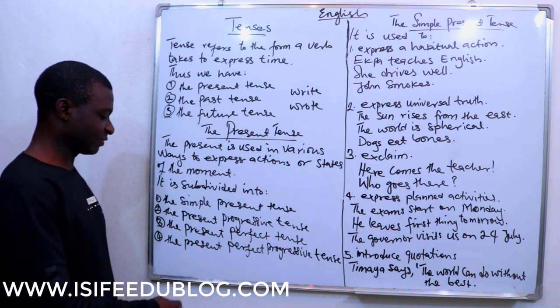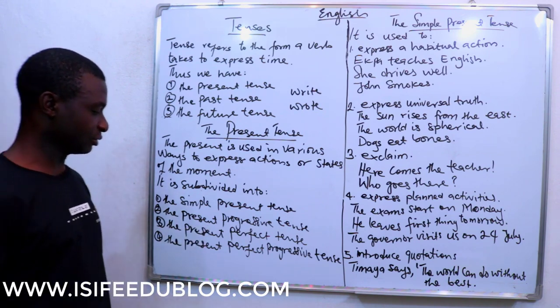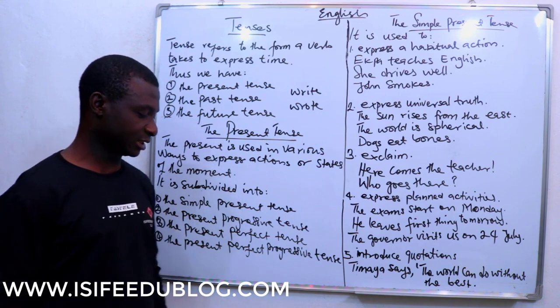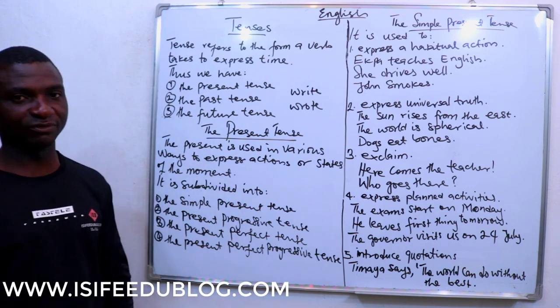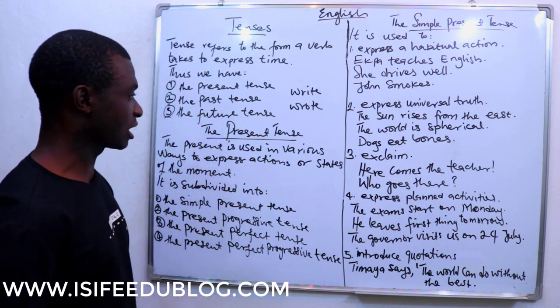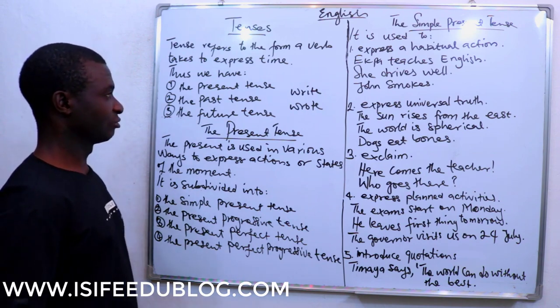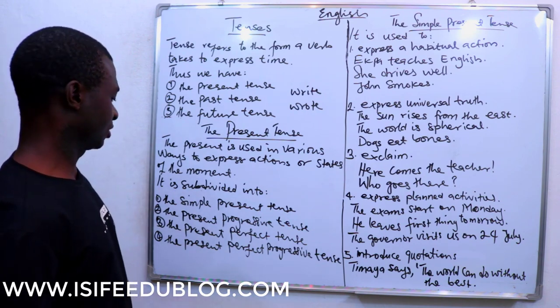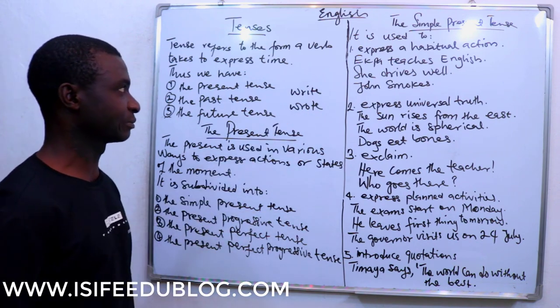Then the present perfect progressive tense, the use of have and has with the progressive form of the main verb. We'll look at all of this one at a time. So the first one is the simple present tense.